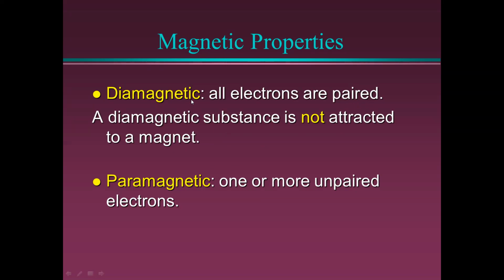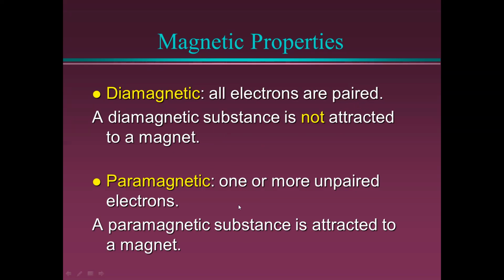This is called diamagnetic. We learned this one before. On the contrary, if one or more unpaired electrons exist, that substance is called paramagnetic. That kind of substance can be attracted by a magnet.